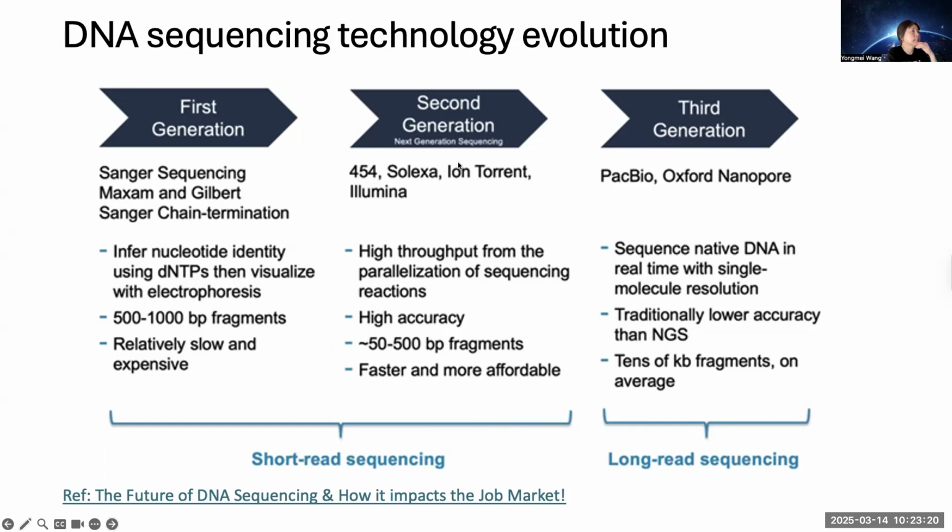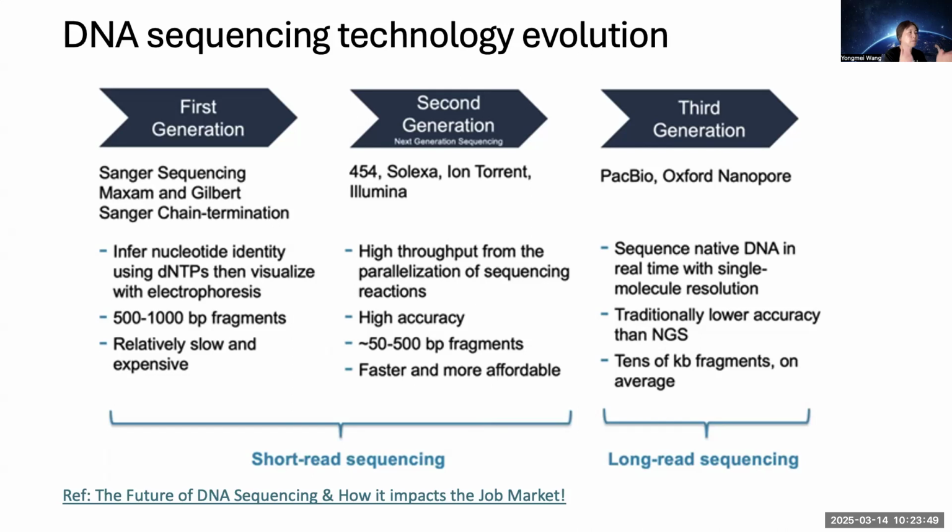And then the second generation sequencing happened in the early 2000s, the first decade in this century. And you probably will hear some name like Illumina. And later on, I will show you where you download the data. You will see the name Illumina HiSeq. So Illumina HiSeq technology, they developed a high throughput by parallelizing the sequencing reaction.